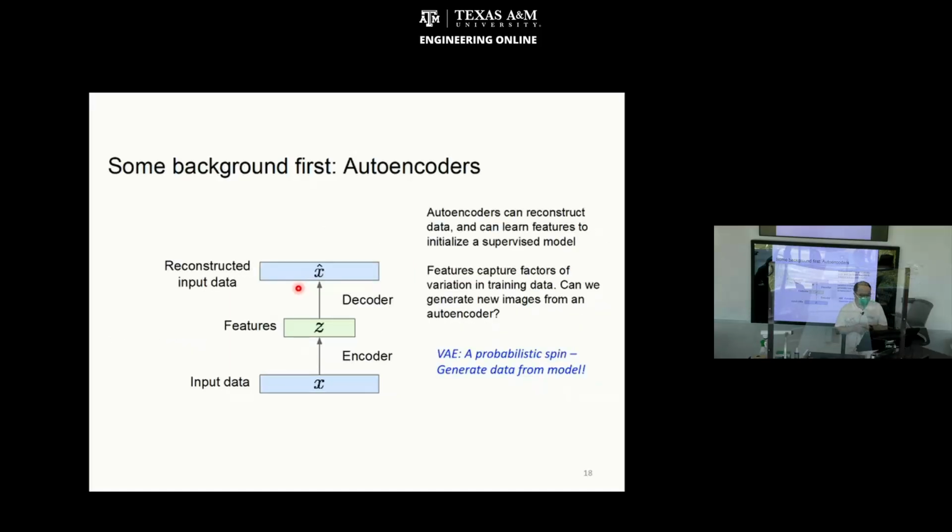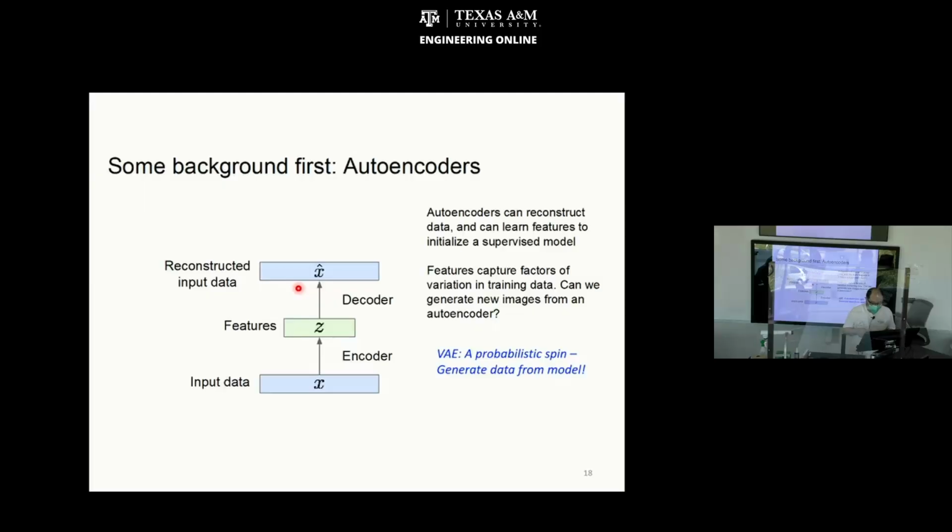Now, this is the autoencoder, AE. They can reconstruct data and learn features to initialize the supervised model. The features are a low-dimensional representation of the training data. And then the question is the following.